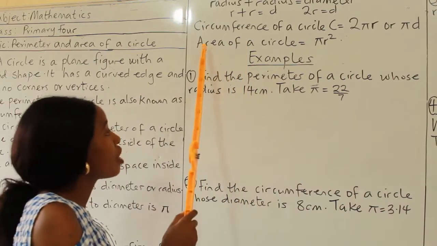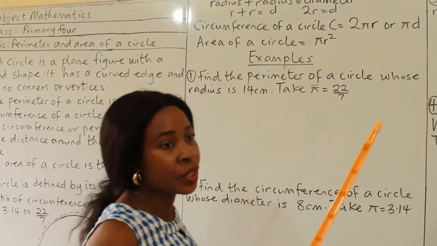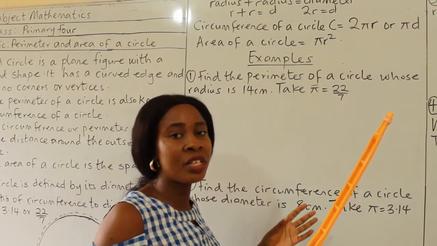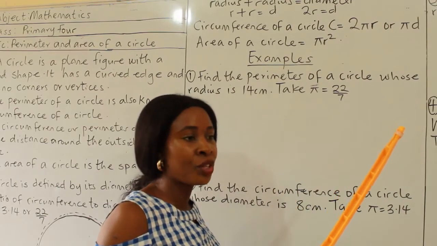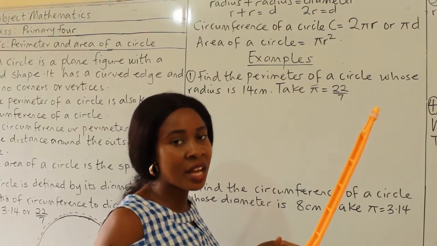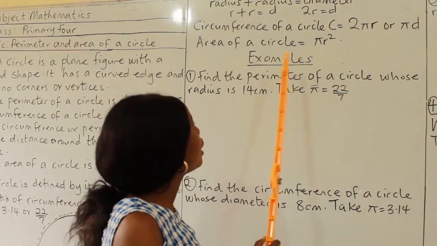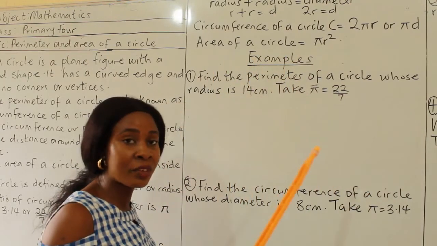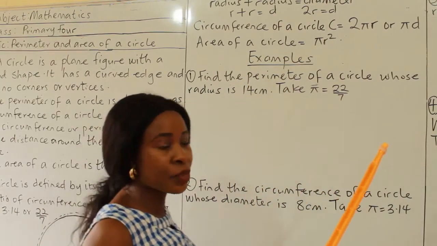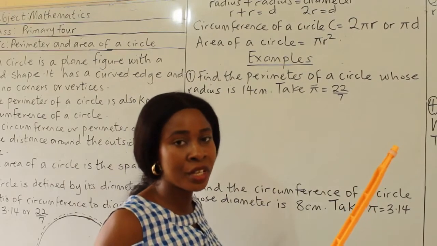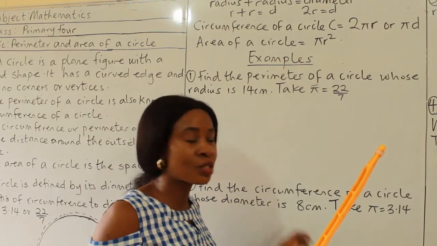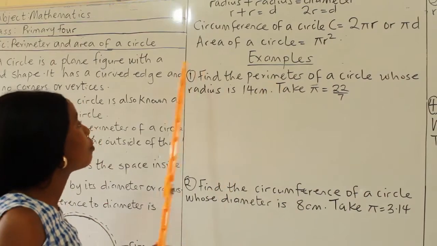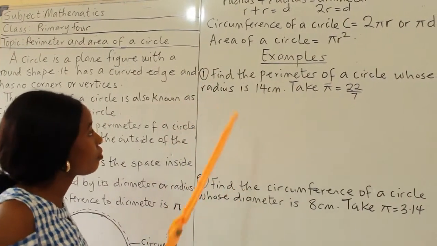But for area of a circle, if the radius of the circle is in meters, your final answer will be meters squared. And if the radius or diameter of the circle is in centimeter, your final answer will be in centimeter squared.